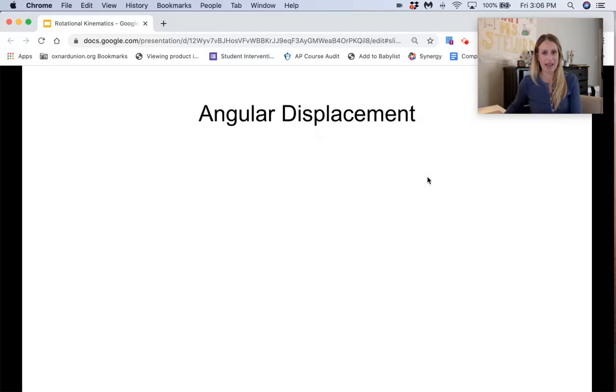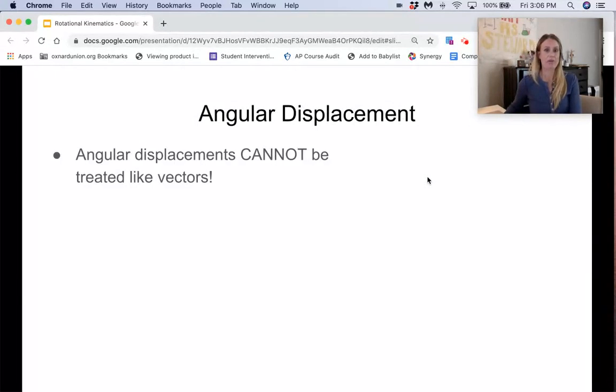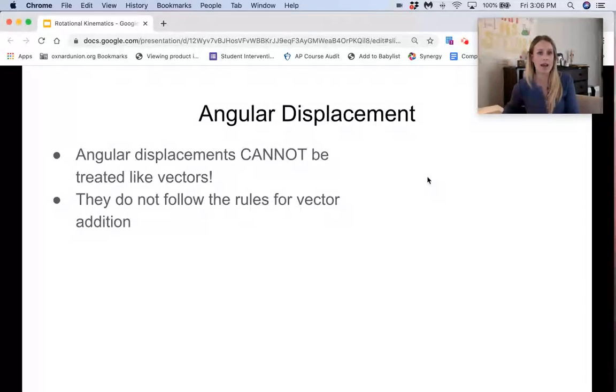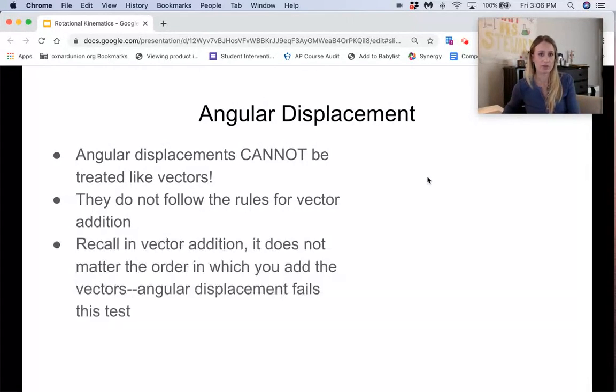Now, when we talk about angular displacement, remember we can't treat angular displacements like vectors, and the reason for this is they don't obey all the laws of vector addition. So like I said, they don't follow the rules for vector addition. Recall that in vector addition, it doesn't matter the order in which you add the vectors.